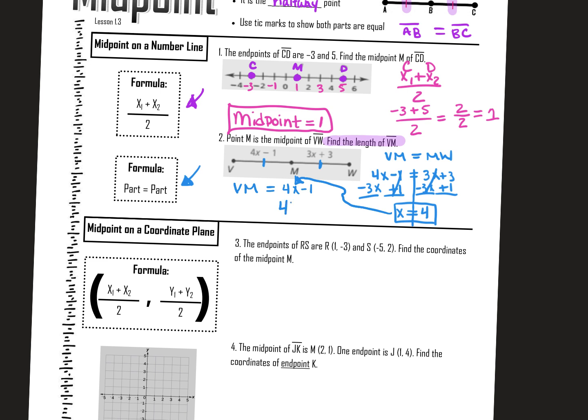So I would be left with an equation of 4 times 4 minus 1. 4 times 4 is going to be 16. And I'm going to take away 1. And so we will end up getting that this equals 15. So in other words, VM equals 15. And that would be my final answer.